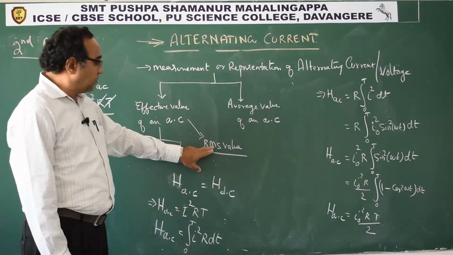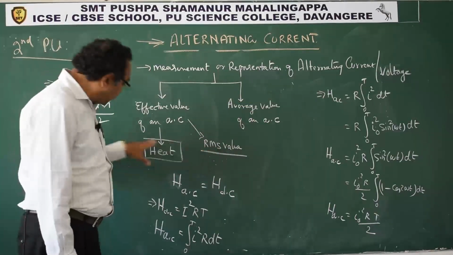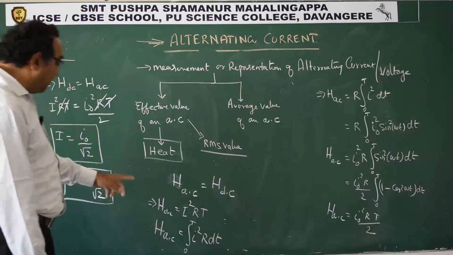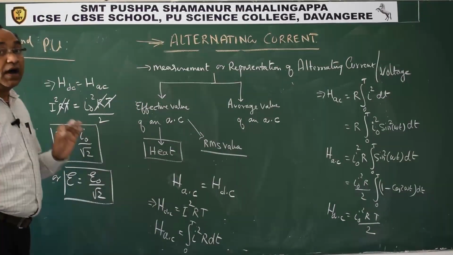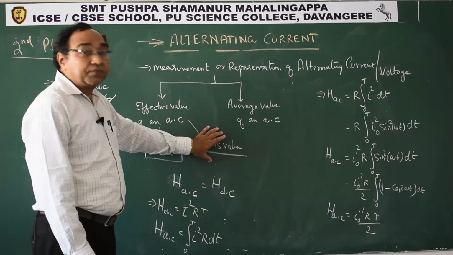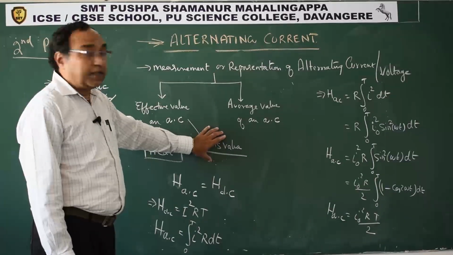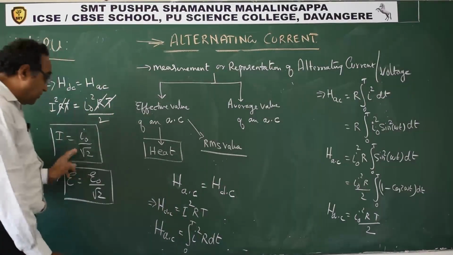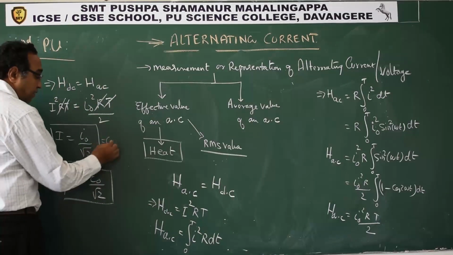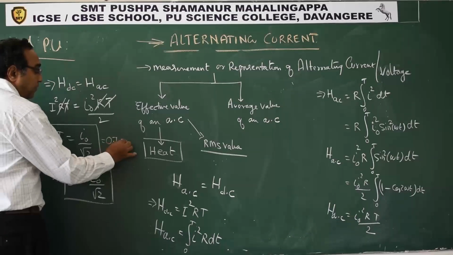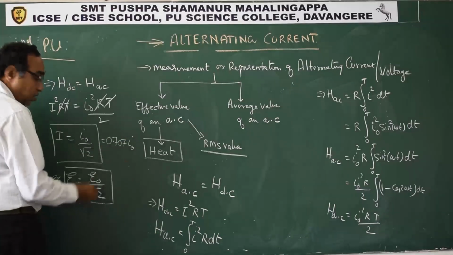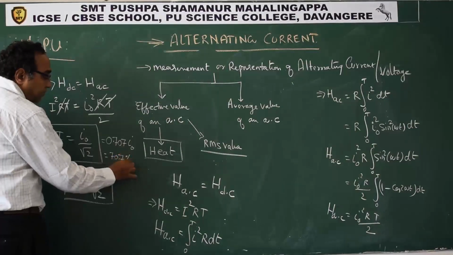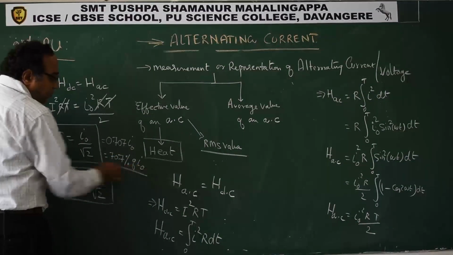Here it is root of mean of squared currents or voltages. That is exactly the meaning of RMS. So RMS of an AC is the same as the effective value of an AC, and that is nothing but 0.707 times I naught. That is also the same as 70.7% of the peak value.